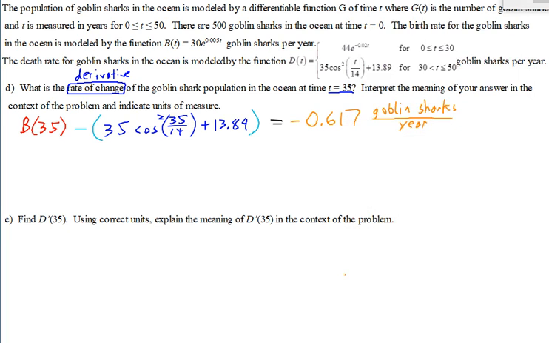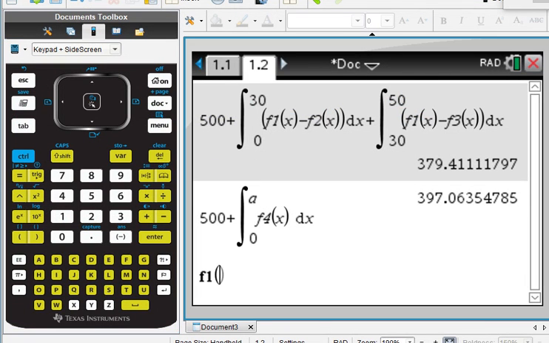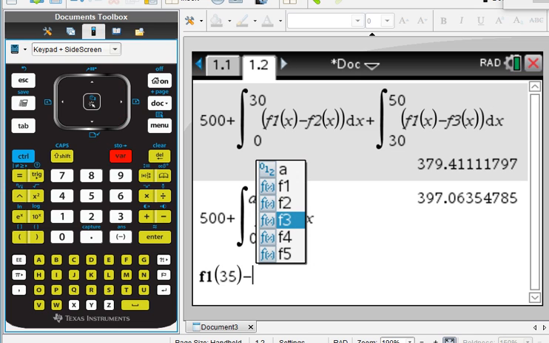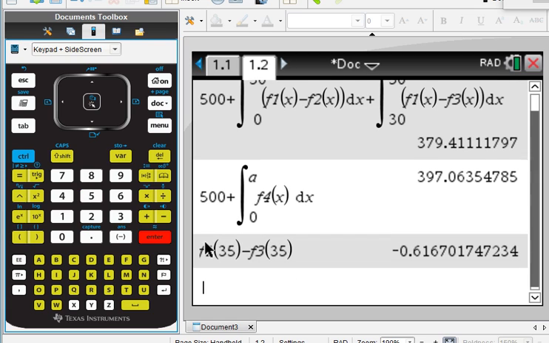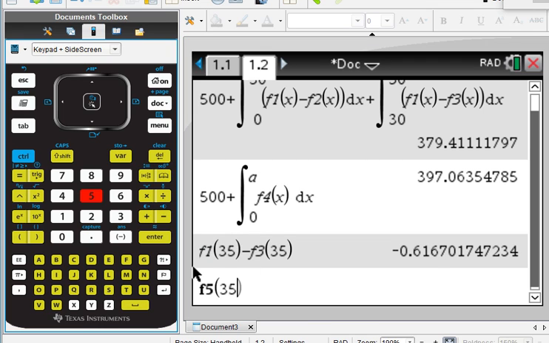And then very similar on the Inspire here. You can either go F1 of 35 minus F3 of 35. Or you can go, since we had F5 of 35. Either way.